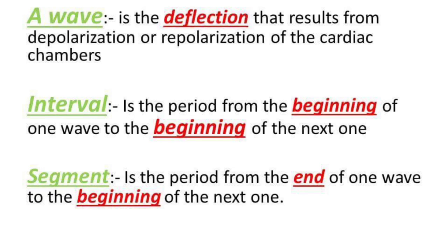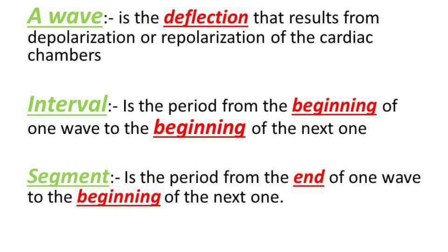Now we will have some definitions. These definitions describe what you are going to see on an EKG paper. So the electrical activity of the heart is described in terms of waves, intervals and segments. Waves are the deflections that result from depolarization or repolarization of the cardiac tissue.